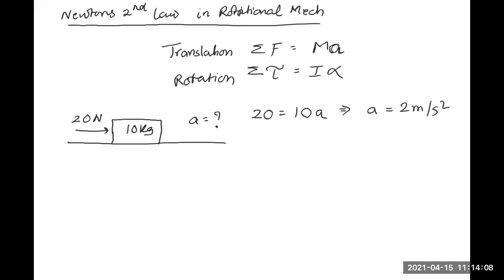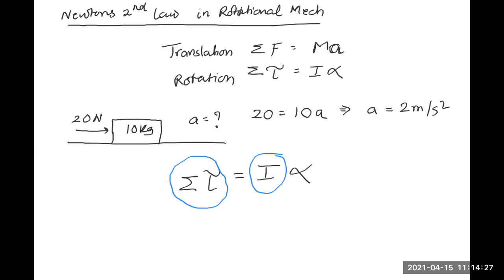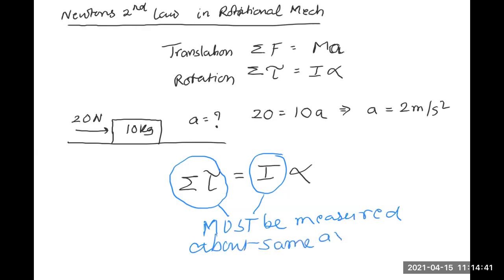So therefore, when you apply torque is equal to I alpha on a system, this is what you must keep in mind. Summation of torque is equal to I alpha, right? The torque and the moment of inertia, both of them must be measured about the same axis.